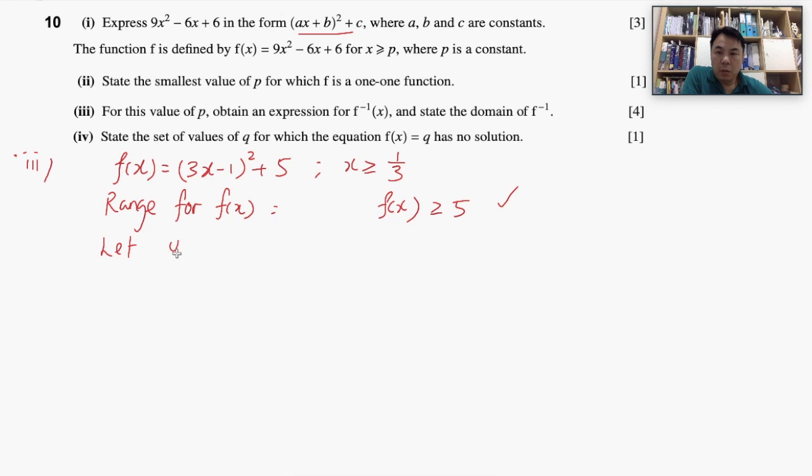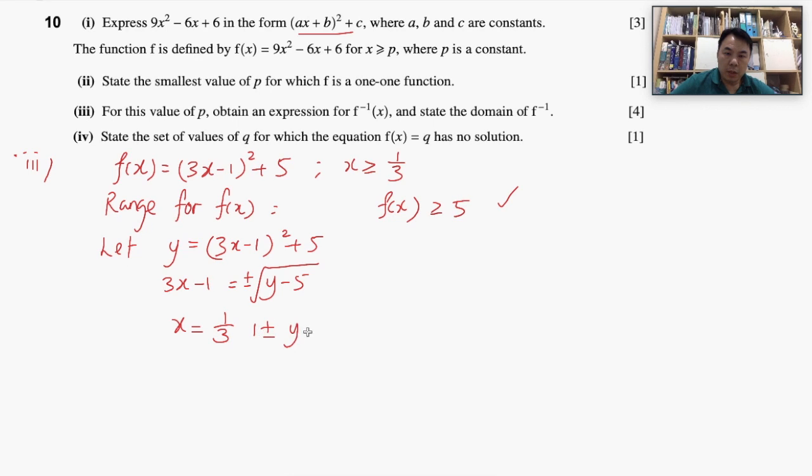Let y equal 3x minus 1 squared plus 5. 3x minus 1 is equal to plus or minus the square root of y minus 5. I'd just like to revisit this one more time. Therefore my x is equal to 1/3 of 1 plus or minus the square root of y minus 5.